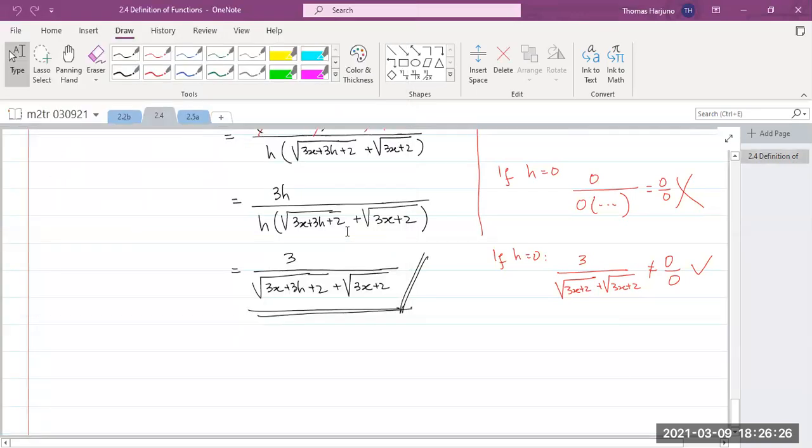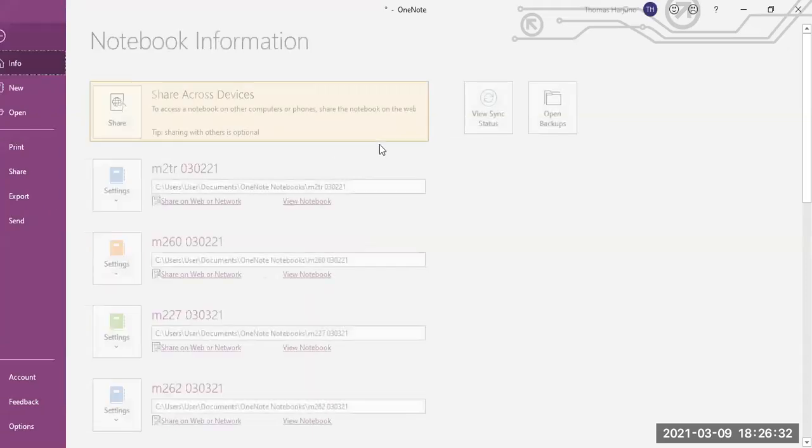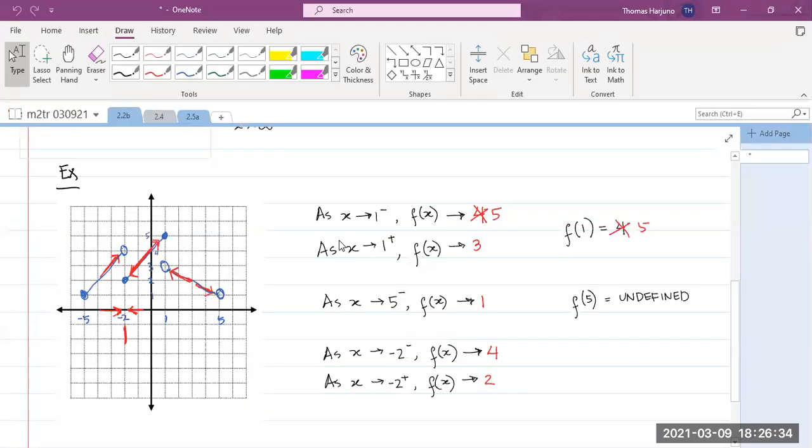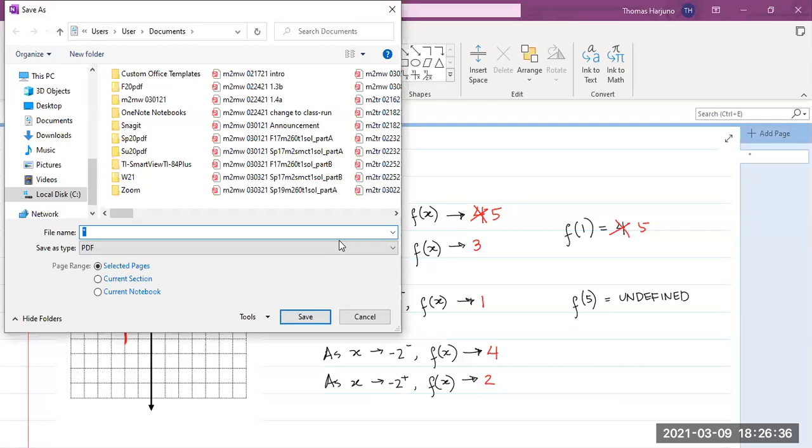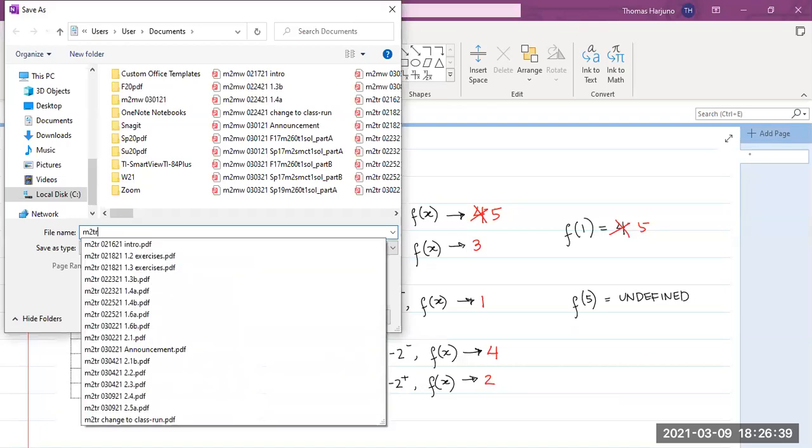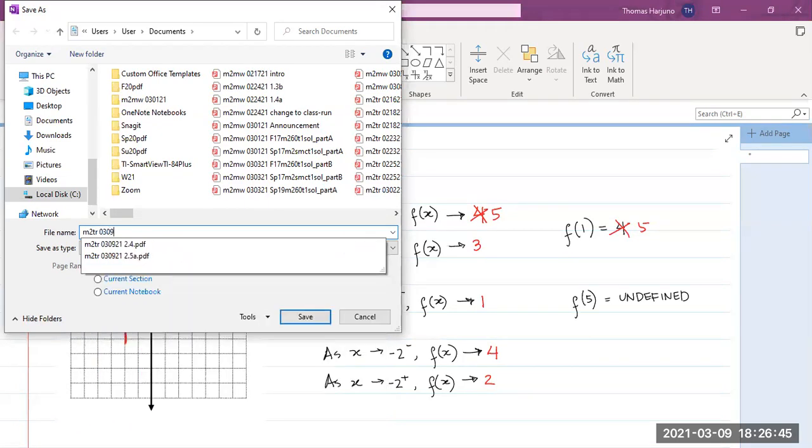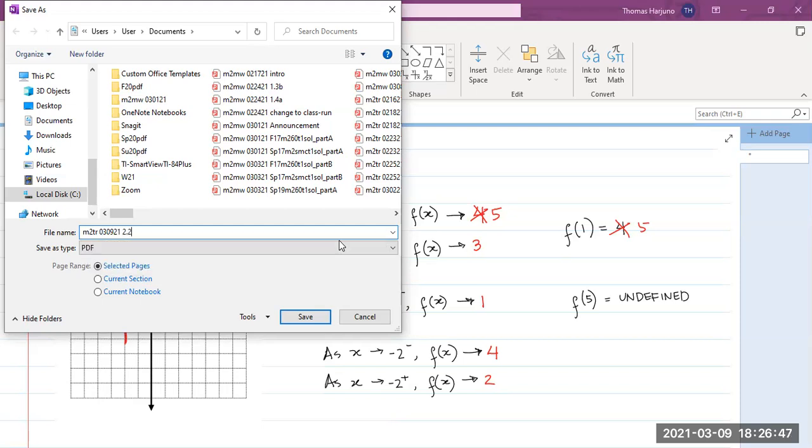I believe 2.4 was still recorded. 2.2b, the leftover from last time, 2.2, was also recorded. The one not recorded was 2.5, 2.58. But again, I believe my recording from announcement 4 is pretty clear already.